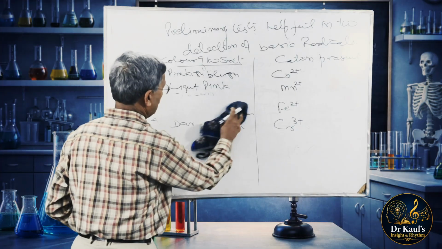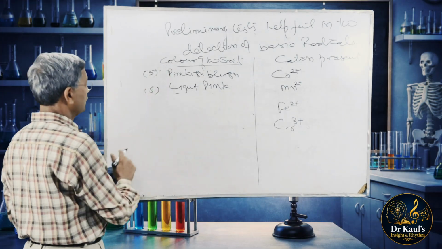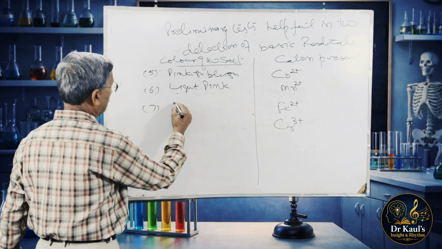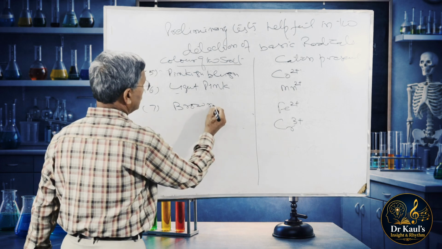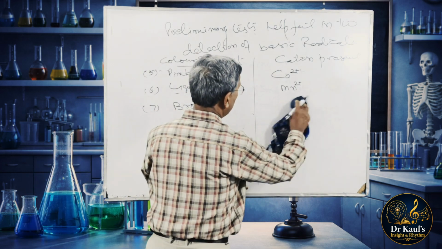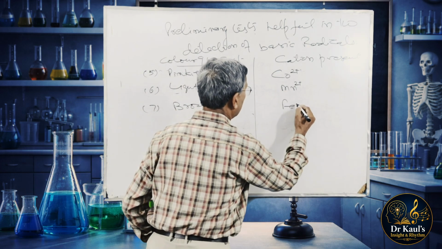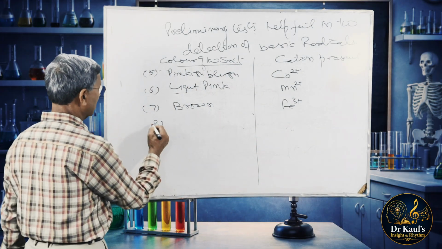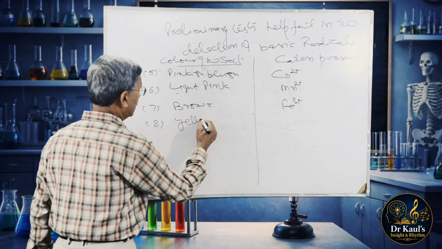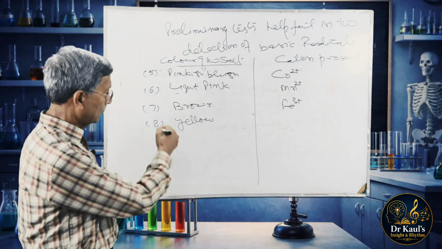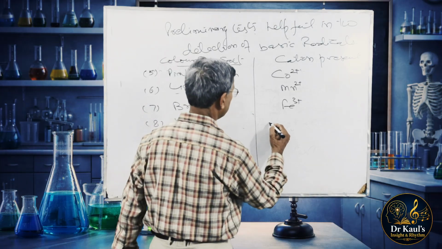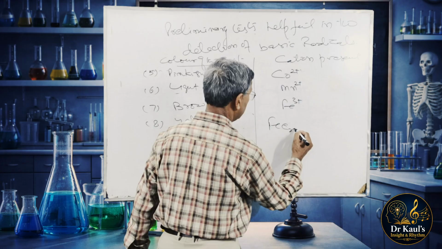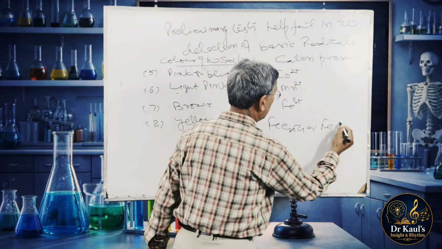Sometimes we get brownish colored salt. If it is brown, then it could be due to ferric. And sometimes we get yellow colored salt. If a yellow colored salt is there, then it is due to the presence of ferrous oxalate or ferrous carbonate.